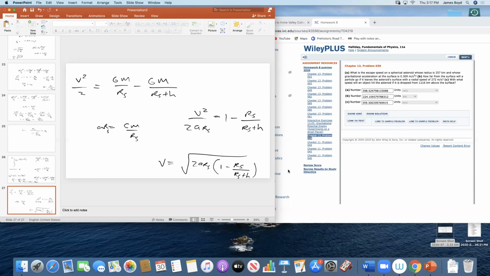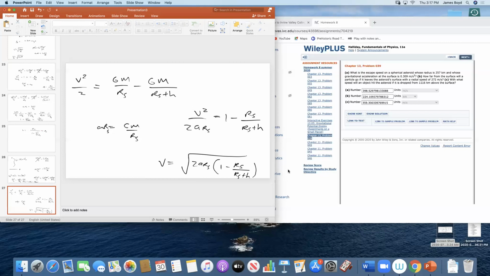Plug in your values, let's see what we get. So 2 times, well, let me do the parentheses first. R the surface was 257,000 divided by 257,000 plus 1,116,000.